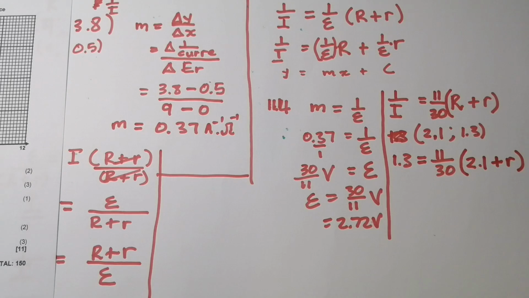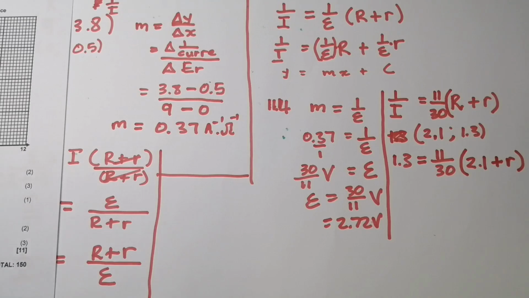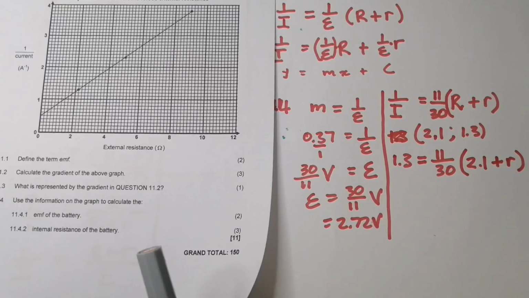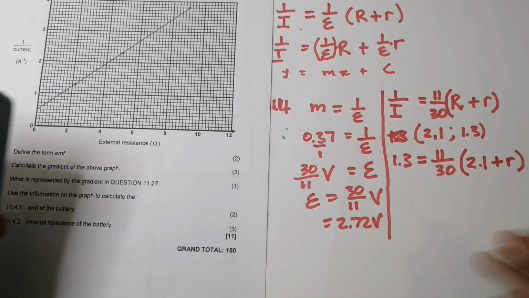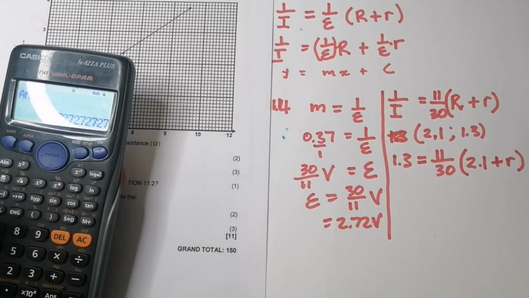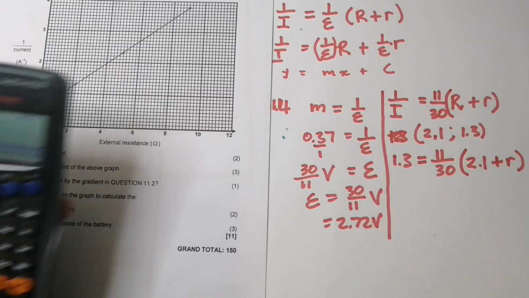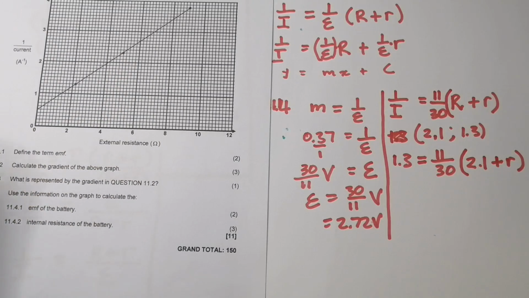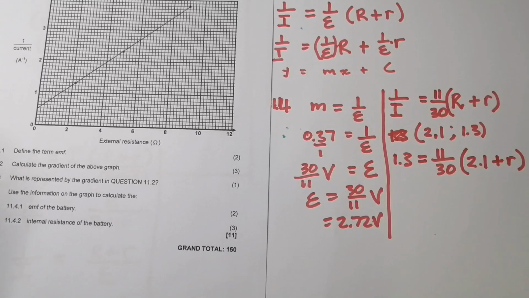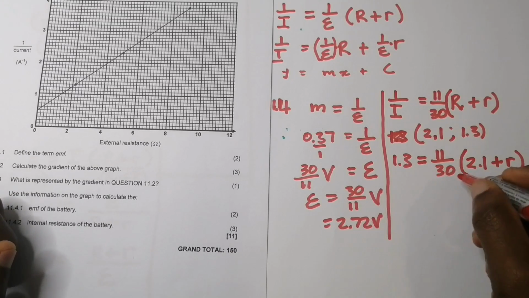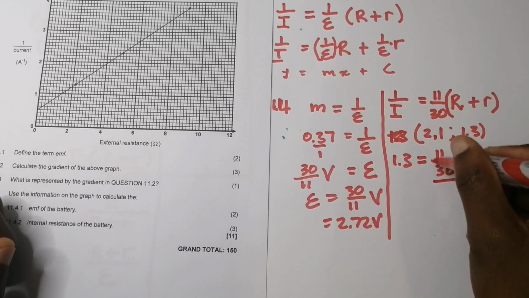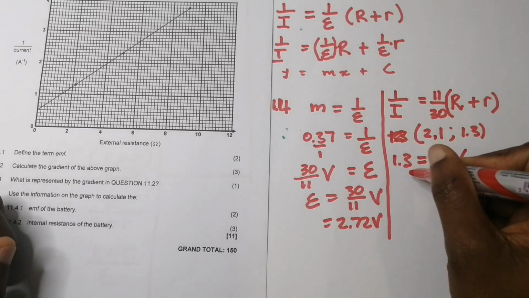I hope you are following what we are doing in this question. Really an interesting question. I'm sure some of you have done that in your practicals. All that's left for us is to do the algebra: I'm going to divide by 11 over 30, or multiply by 30 over 11 rather.